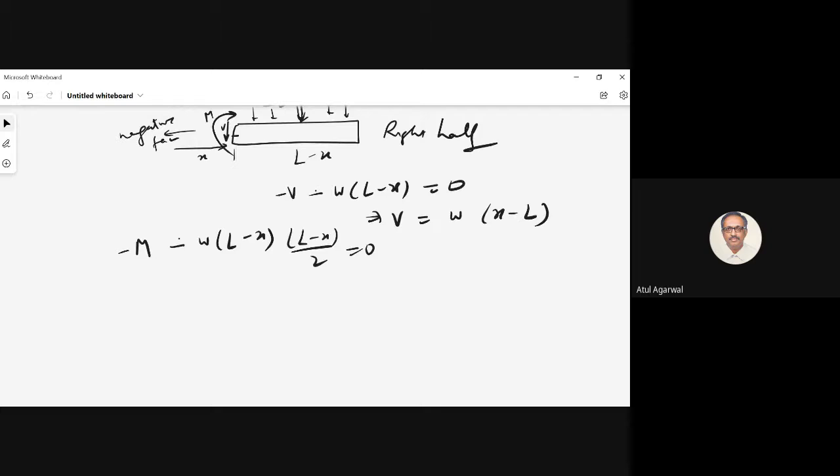So what do you get? M is equal to minus W, L minus X square by 2. So at any position X, this is the expression.